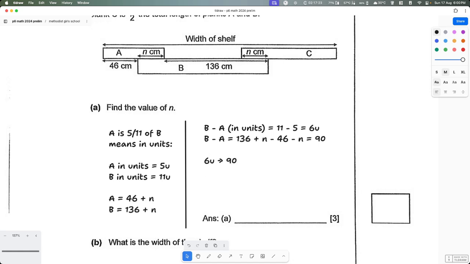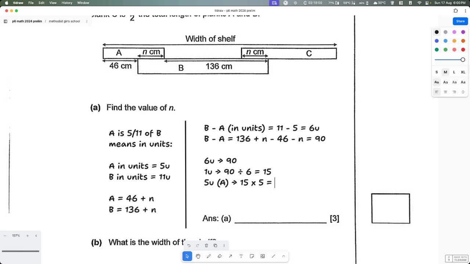So now we can already do our calculation. Let's put 1 unit first. 90 divided by 6 is equal to 15. Then for A, 5 units is equal to 15 times 5.